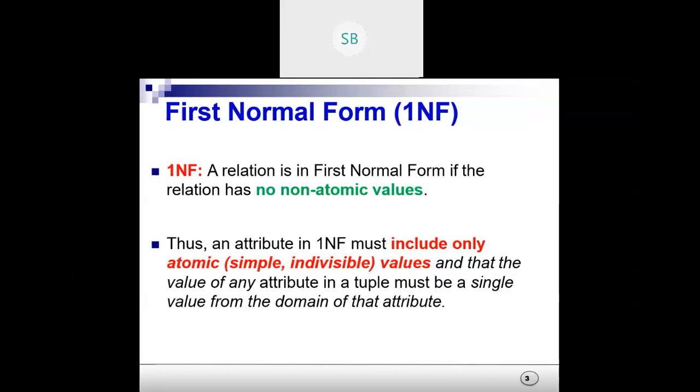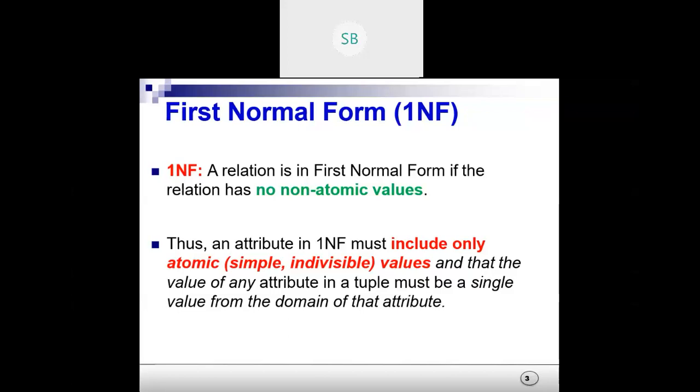Suppose we take the atomic value as your gender, which can be only one value. The entire table must have single values. You cannot store multiple values in a single tuple or in a column.